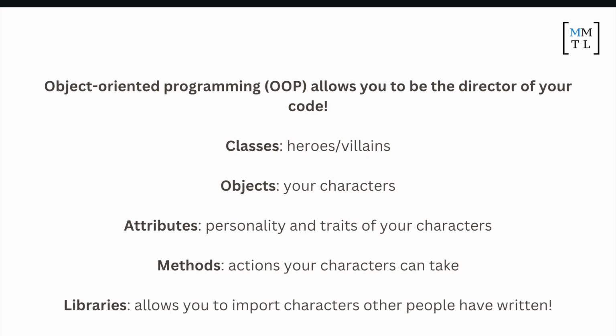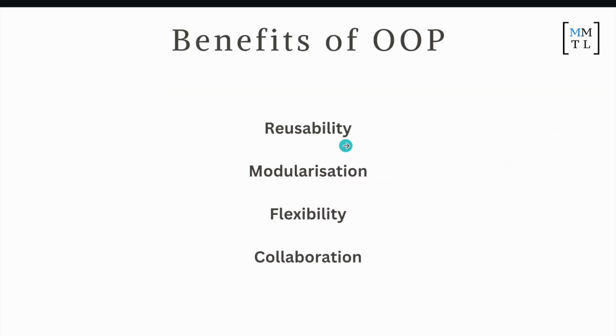I hope that analogy got across. We'll take a look at a more technical view of it now. So what are the benefits of OOP? Using this paradigm, your code is reusable, because you can export it into a library and then have it used by other people or by yourself in other projects.